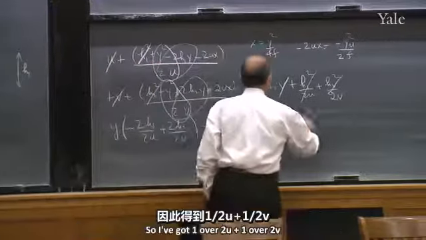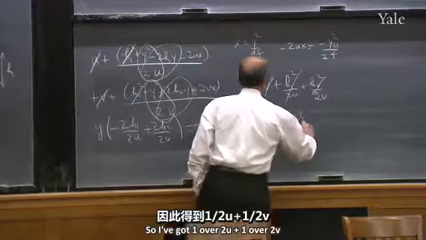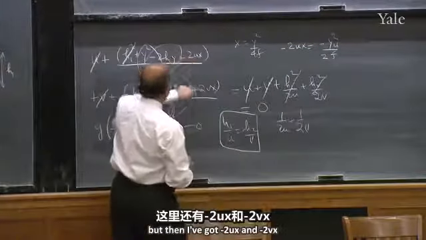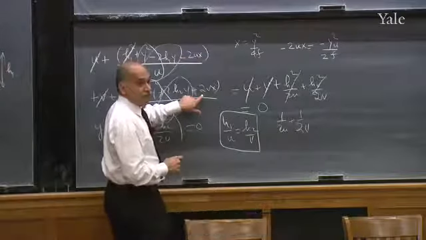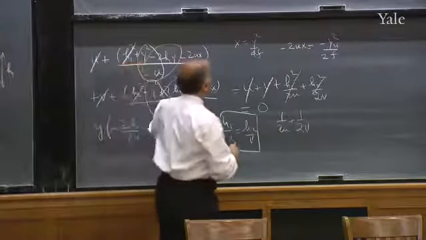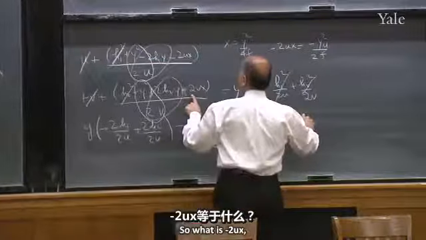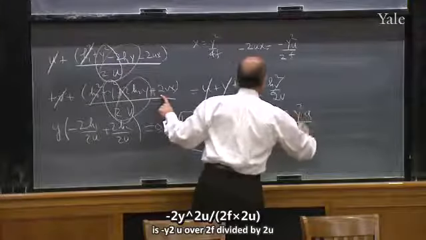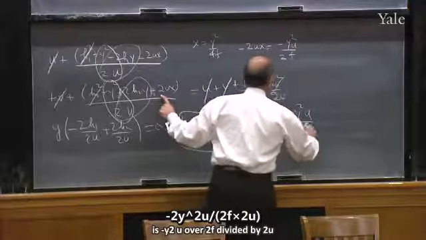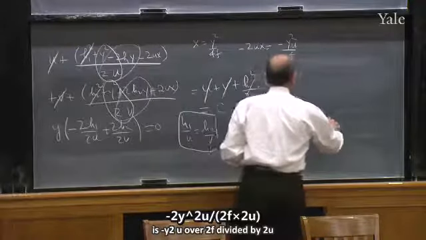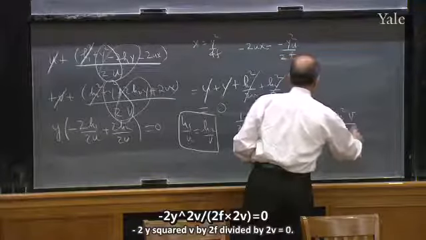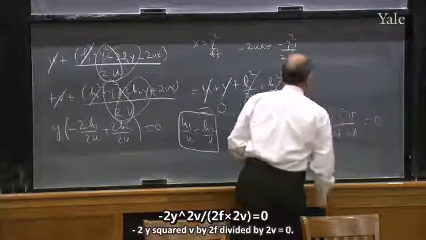So I got 1 over 2u plus 1 over 2v. But then I got minus 2ux and minus 2vx. So what is minus 2ux? It is minus y squared u over 2f divided by 2u, minus 2 y squared v over 2f divided by 2v, equal to 0.